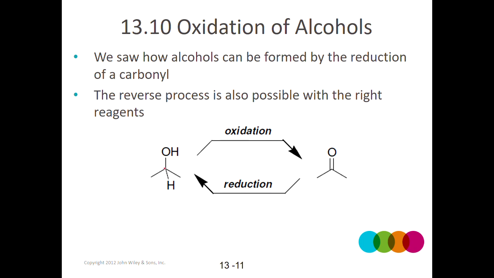So if you have an alcohol and it's either primary or secondary, so this one's secondary, you could also imagine a primary one. As long as there's at least one hydrogen bonded to the carbon that the OH is attached to, there's a possibility that with the right reagents, that hydrogen could be removed. It's not there anymore in the product, and we can make a C=O double bond.